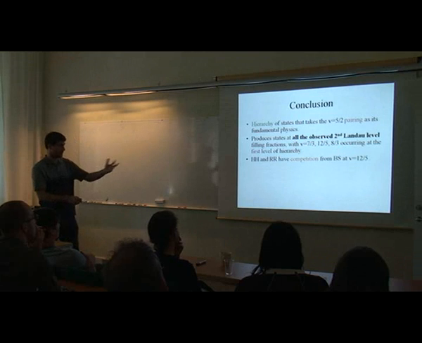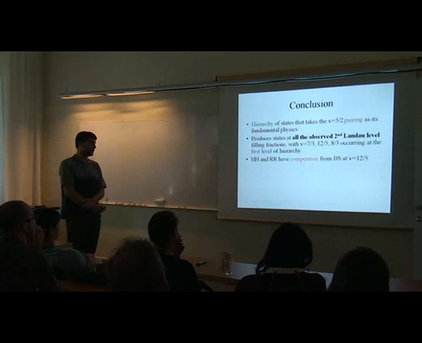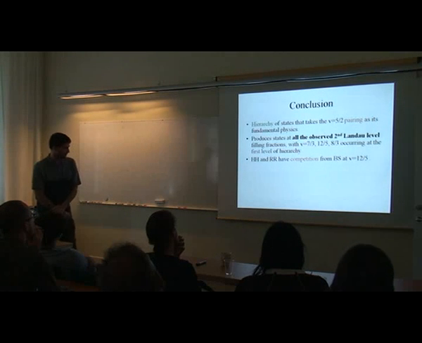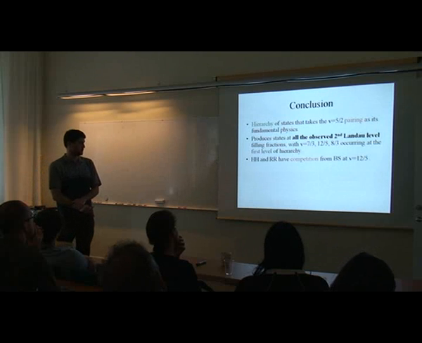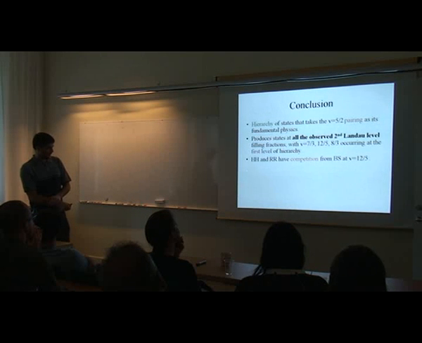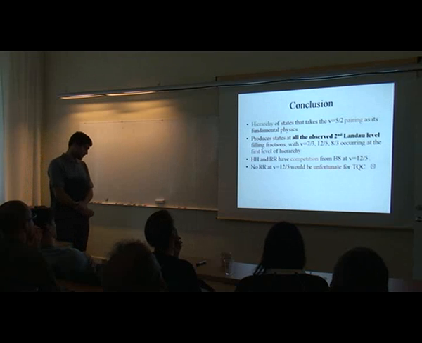So it's sort of the first things you get out of the hierarchy construction. And the point to emphasize here is that now HH and RR have competition from BS at 12/5, and it's actually a very interesting problem to figure out what is actually physically going to be observed there.